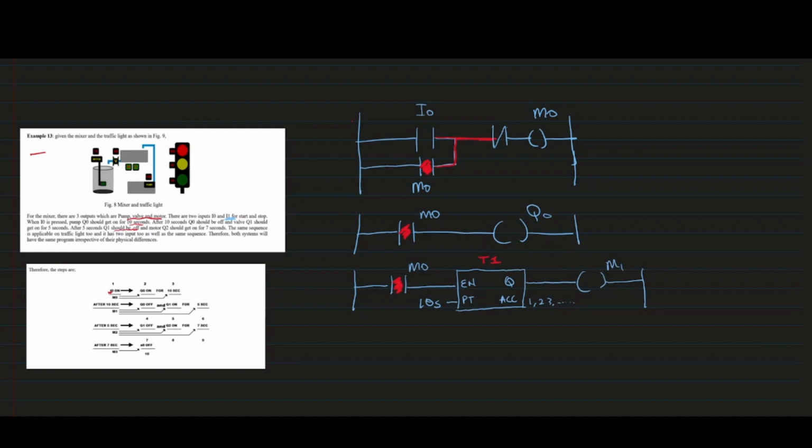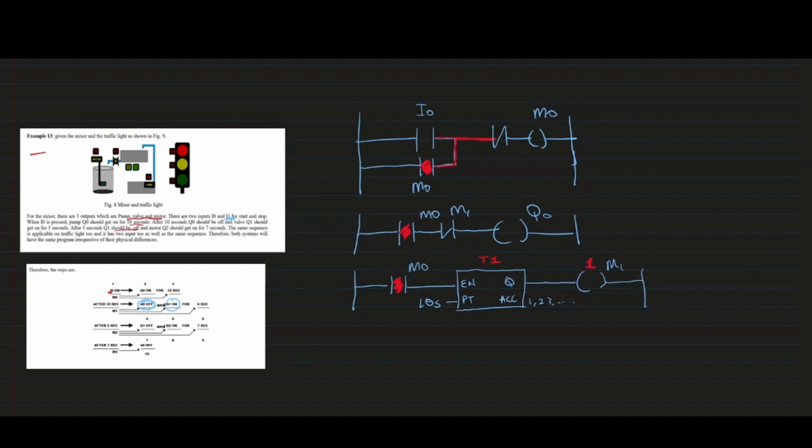Now, with this M1, we have to find a way to make sure that M1 turns off Q0 and turns on Q1. Like I said, if you want to turn off something, that's a stop signal, so we use a normally closed input. So I'm going to simply add M1 here as a normally closed input. Once M1 gets energized, it will have a value of 1.